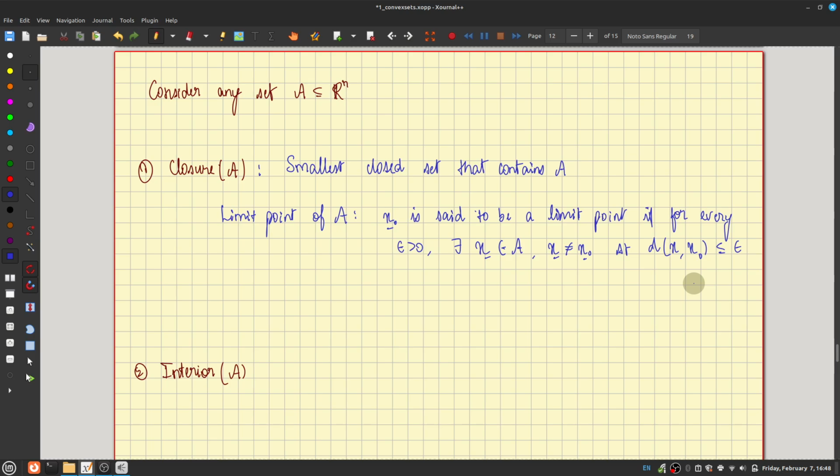So there are a couple of nuances over here. Firstly, you should be able to find a point that is arbitrarily close to x naught within the set A, but the other point to note is that this x can't be equal to x naught.